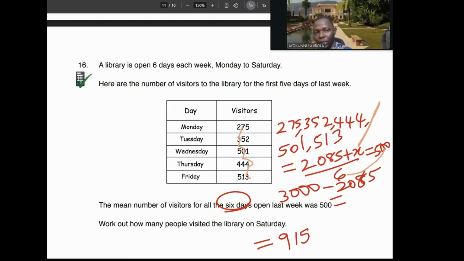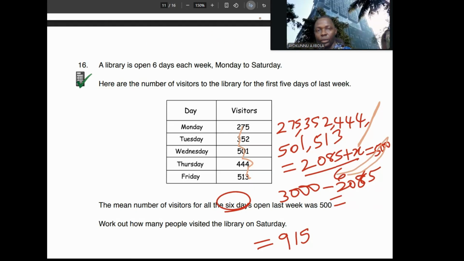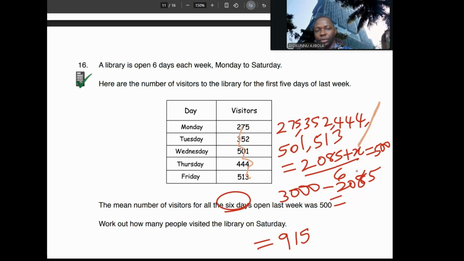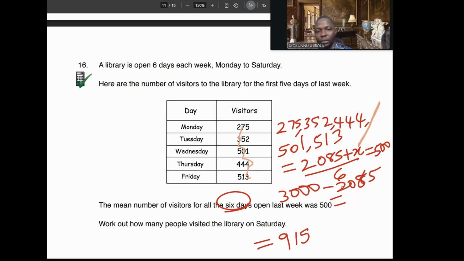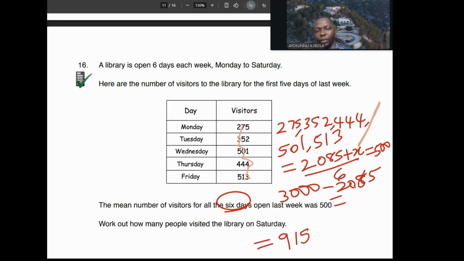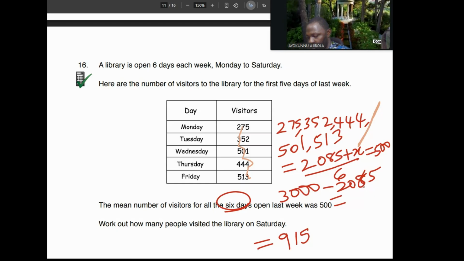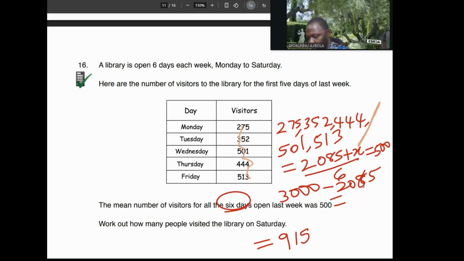This gives us the total for 6 days, which is 3,000. We now take the sum of the 5 days away from it to get the remaining one day. I see.